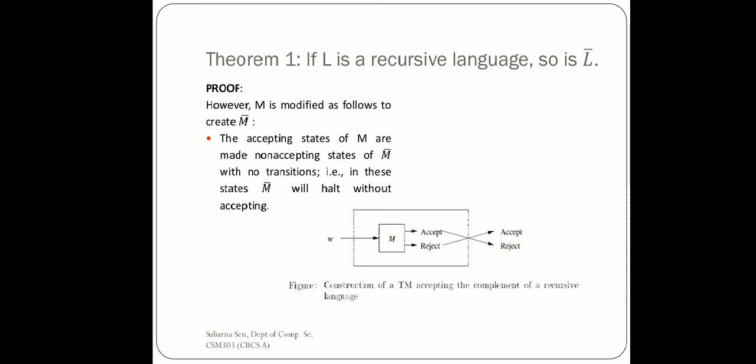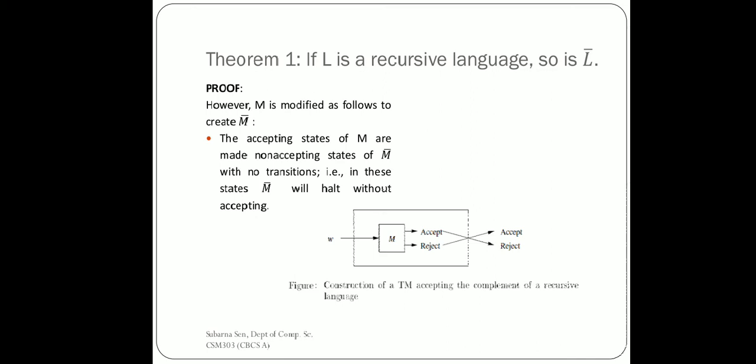We made all the non-final states final and the final states non-final, right? Here we do the same: the accepting states of M are converted to non-accepting states in M dash, with no transitions, so M dash halts without accepting.